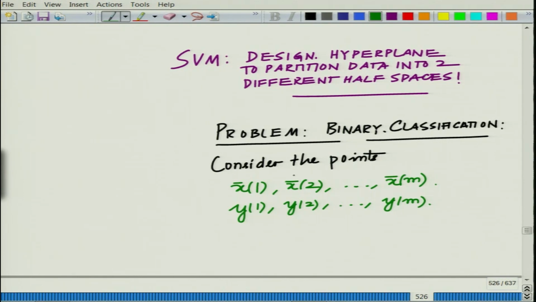This is your training data. Again, you can think of the y's as the responses, similar to a regression problem, the output variables, and these are your explanatory variables, regression variables, or regressors.